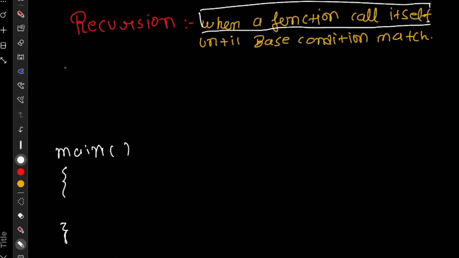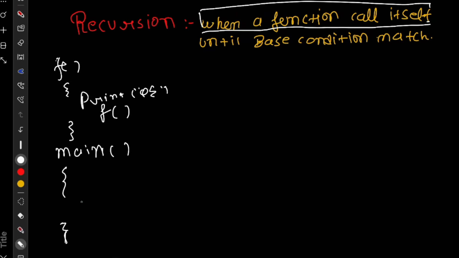Outside the main function, you create a function which prints QE, and inside this function you again call this function. So this is the function calling itself, and this is how it works.